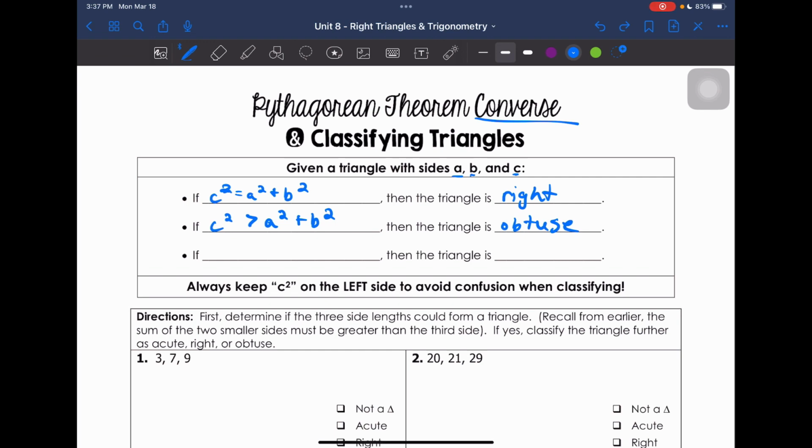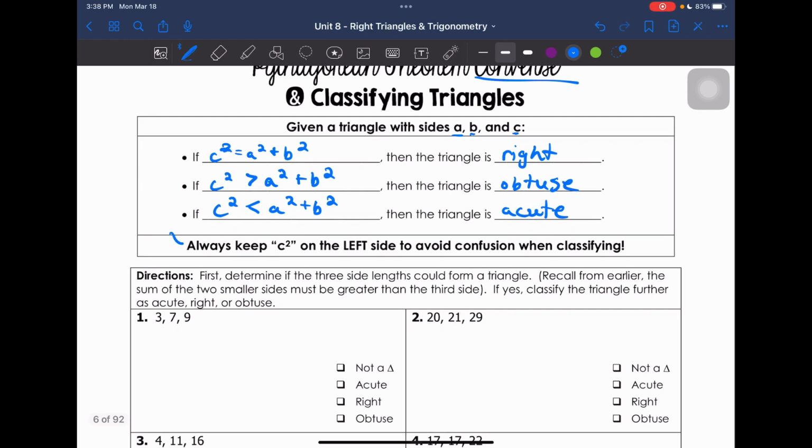And lastly, if C squared is less than A squared plus B squared, then we know the triangle is acute. So one tip to remember is always keep C squared on the left side to avoid confusion when classifying, because then we can always just look at it and decide, okay, it's an obtuse triangle, or it's a right triangle, or an acute triangle, whatever the case may be.